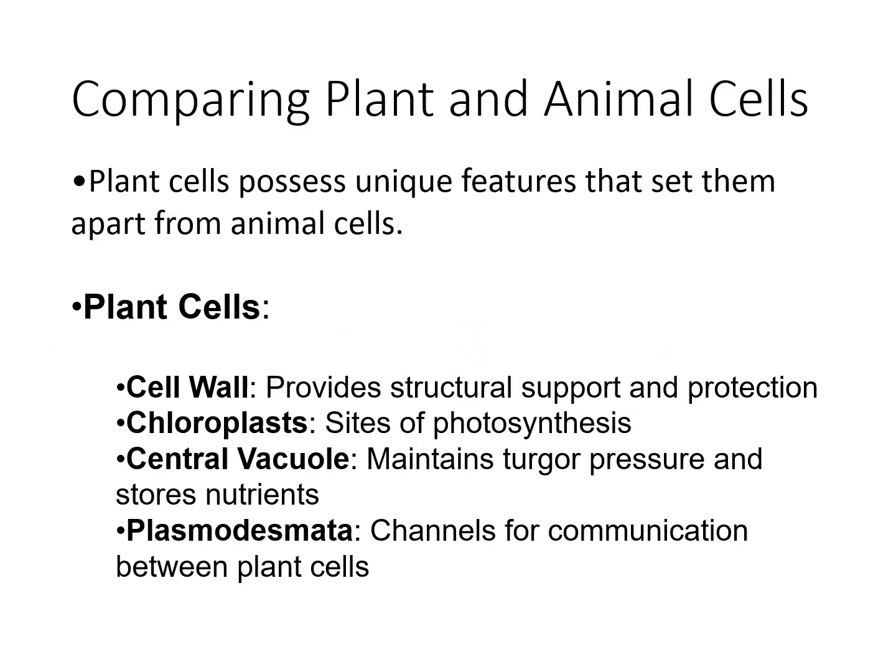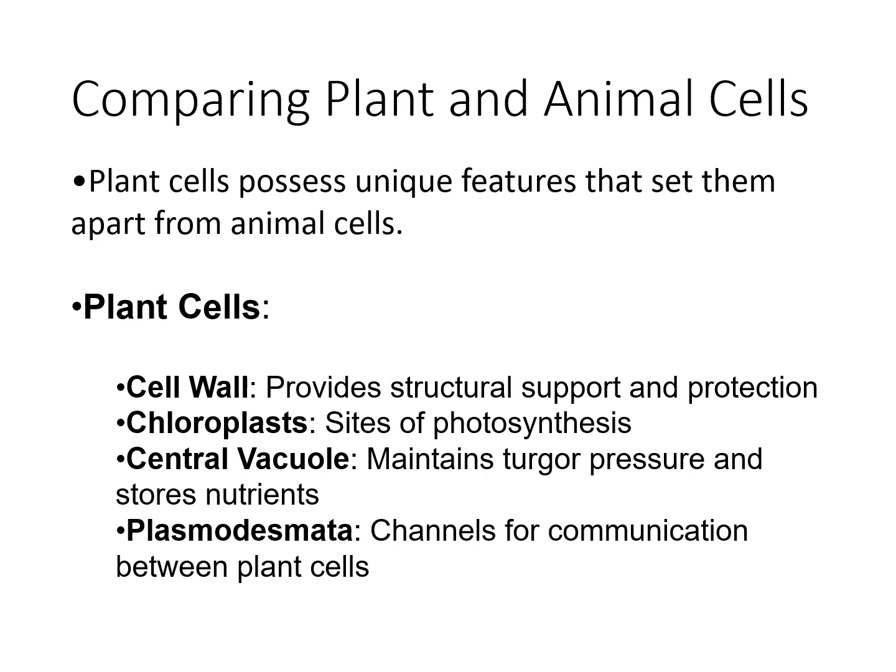Both animal and plant cells are eukaryotic, but our generalized description of eukaryotic cells has been largely based on the animal cell. While plant and animal cells share many features, plant cells have several unique structures that set them apart. In plant cells, the cell wall provides structural support and protection.